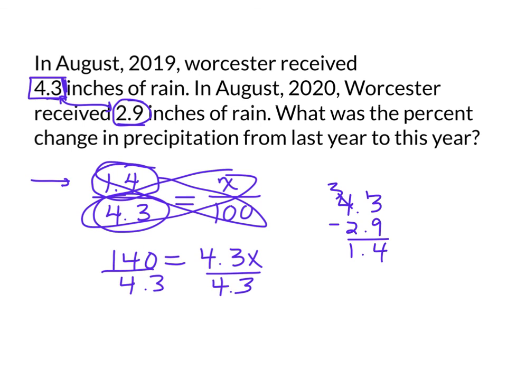And 140 divided by 4.3 gives me almost 32.6% decrease in the amount of rain from last year to this year. Okay, so it's a couple little formulas, part over whole equals percent over 100. And then for these change questions, amount that it changed by over the original amount equals percent over 100.